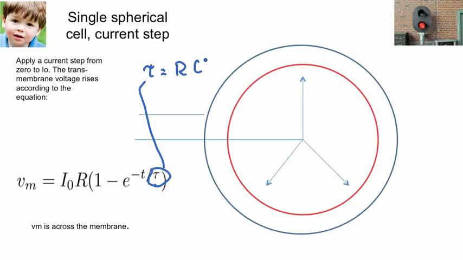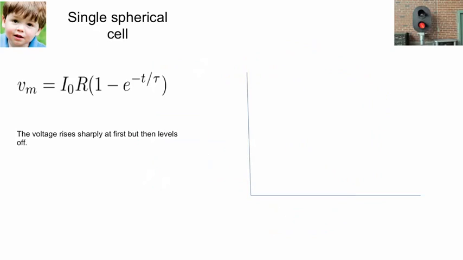So now if we take this result as a whole, this is an interesting equation. It says what is happening in our membrane as the result of stimulation is the following thing. The voltage rises very sharply at first, then it levels off.